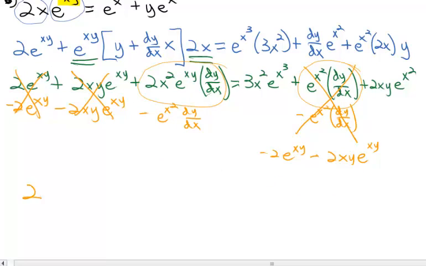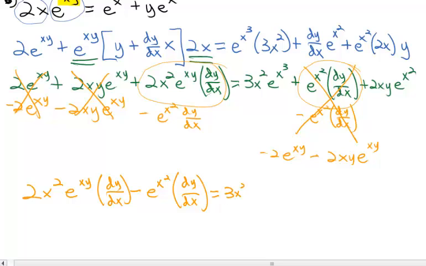And we now have 2x squared e to the xy dy dx minus e to the x squared dy dx equals 3x squared e to the x cubed plus 2xy e to the x squared minus 2e to the xy minus 2xy e to the xy.